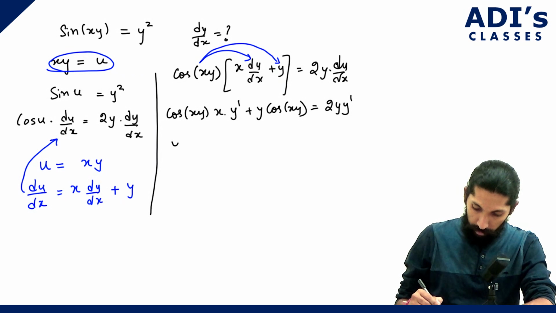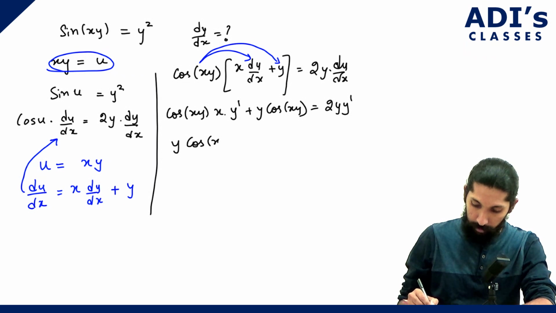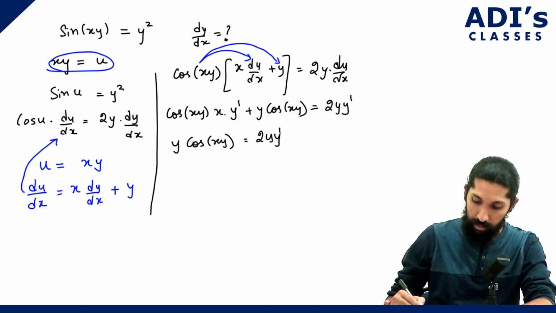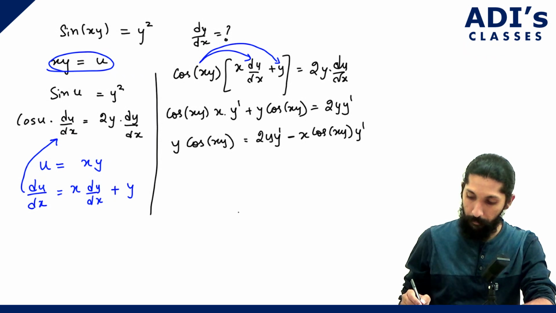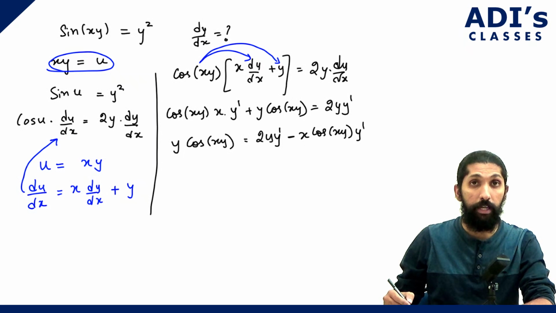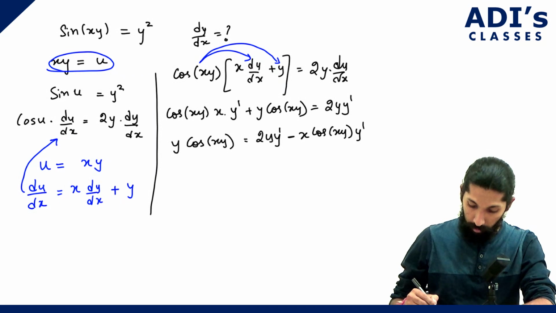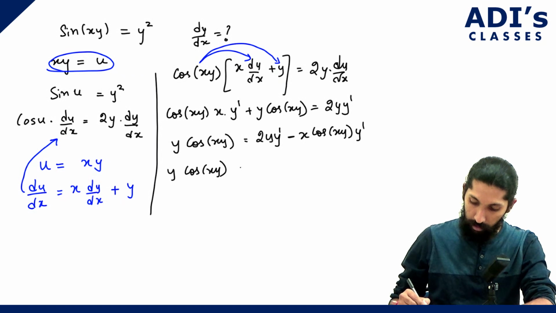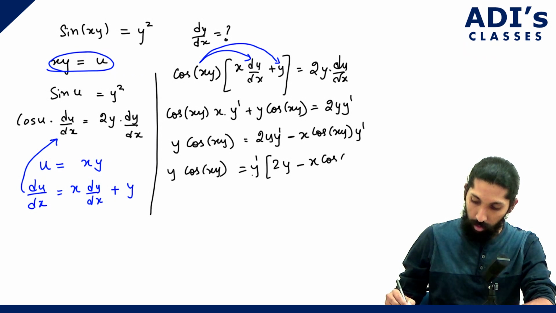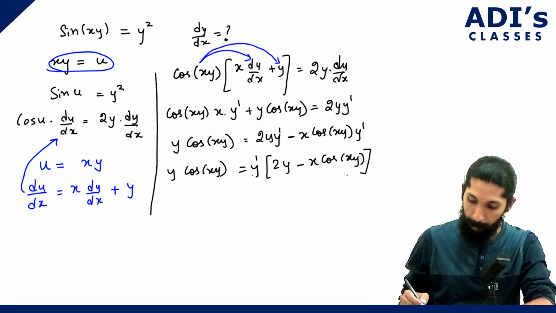So you get y cos of xy is equal to 2y y dash minus x cos xy into y dash. On the RHS, you can take y dash common. So you'll get y cos xy equals y dash into 2y minus x cos of xy.